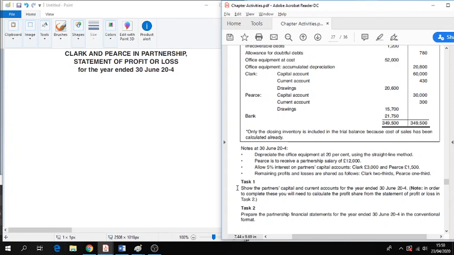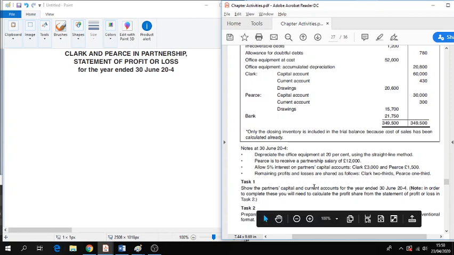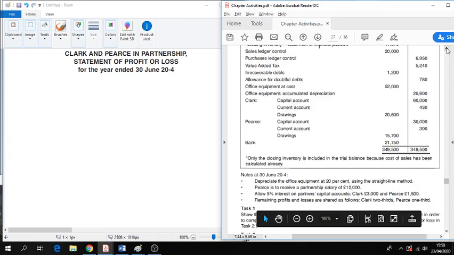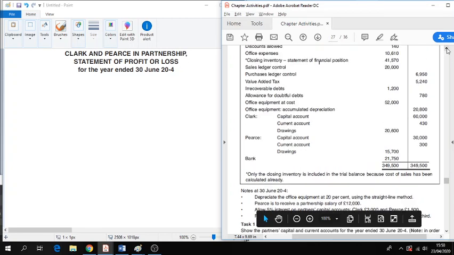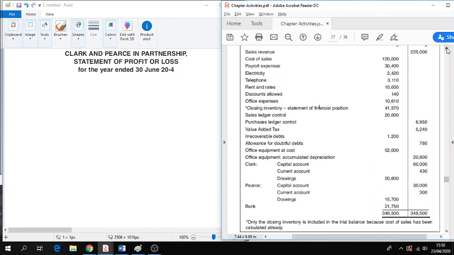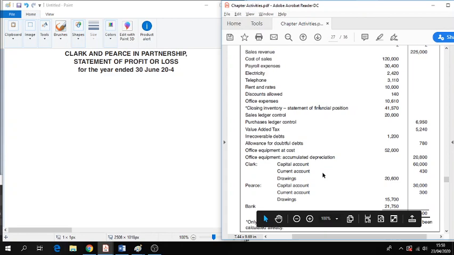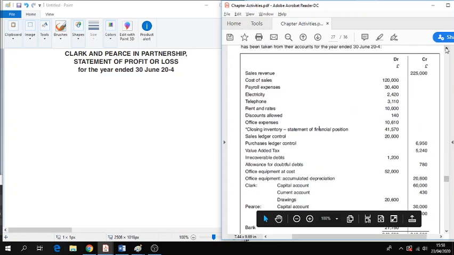Okay, so I will try and squeeze everything in. If you could just remember capital, current, and both statements, income statement and FP, I'll try and squeeze all the information in if you were going to take a screenshot. So I don't know how clear it's going to be for you, but you may want to.